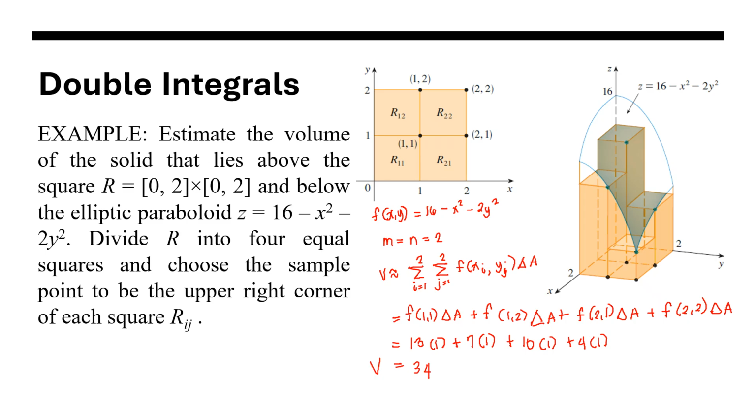So if you have many rectangles, then you can have a better approximation of the volume under the paraboloid and above the R.